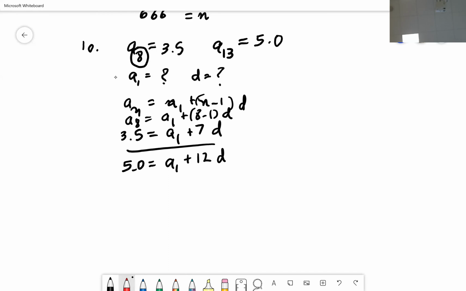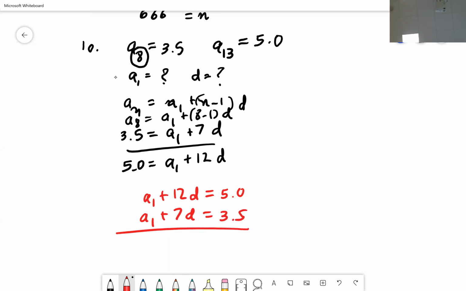So now I would go ahead and solve. I'll make a system here. I'm going to put the one with the bigger d up top because it's just better for me, and this one on the bottom, and now we subtract. I have a system of linear equations there. Now I'm going to subtract the top equation from the bottom. A sub 1 minus a sub 1 is gone.